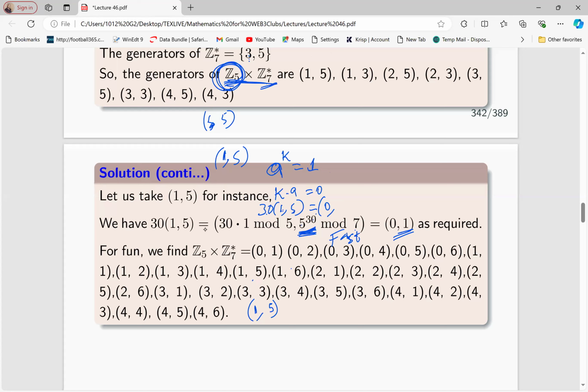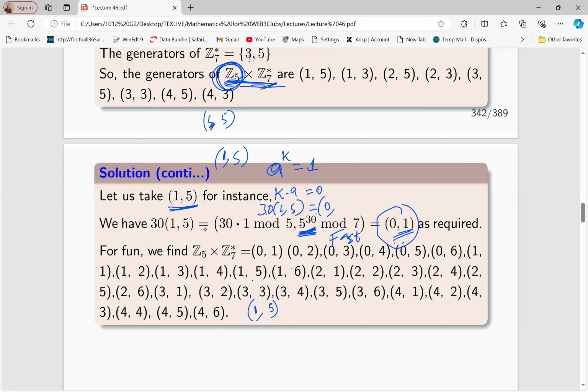Of course, we did that manually, and we also did that with the code. So 5 raised to 30 will be 1, which is the identity for this group. So this is proof, therefore, that (1, 5) is a generator.